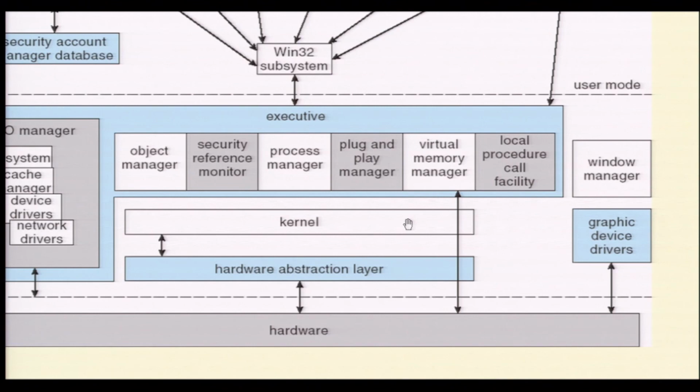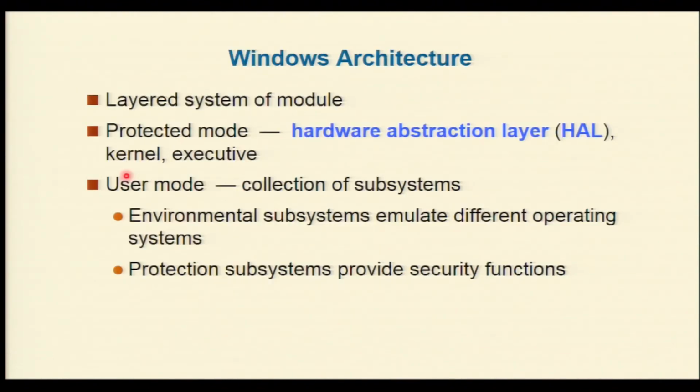So, this is what I have been talking about, and once we see this slide, we will understand that the Windows architecture is like this. It is a layered system, a user mode and a protected mode. Any layer can be used, any functionalities can be chosen.